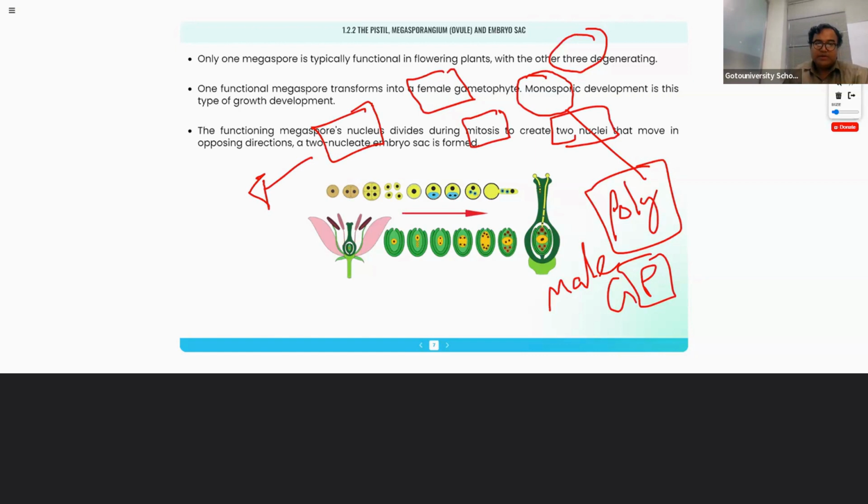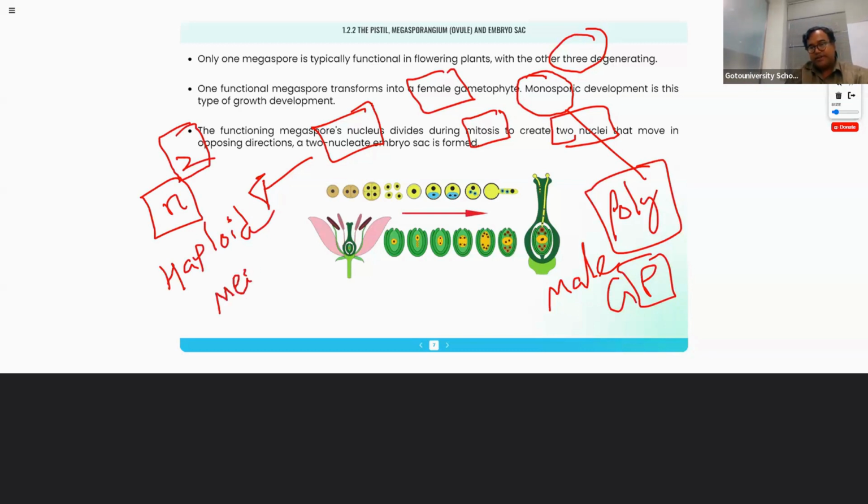The megaspore nucleus is making two nuclei, meaning two haploid cells. How many N are formed? Two N are formed, two single N. Either you use the word haploid, or you say the word N, or you say the word meiocyte.